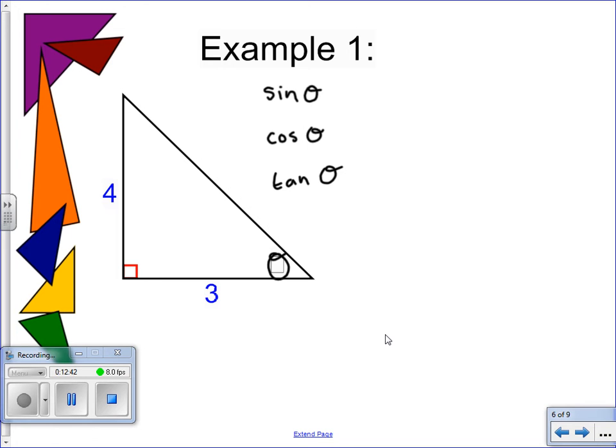Our goal for today, and what you'll be doing on your homework, is to be able to find all 6 trig ratios. The 3 that you know from geometry, and then their reciprocal ratios, where you just flip them. So I usually just start by thinking about my triangle. Can I do sine, cosine, tangent?